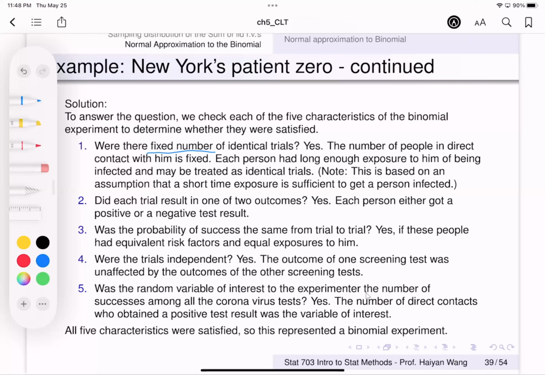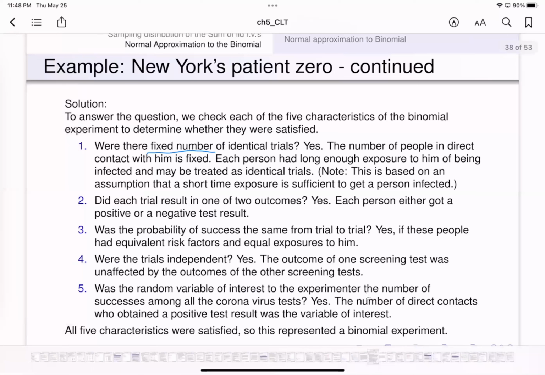So roughly, we would say that we could use the binomial distribution to describe the number of patients who get a positive result from all those who had direct contact with the lawyer.